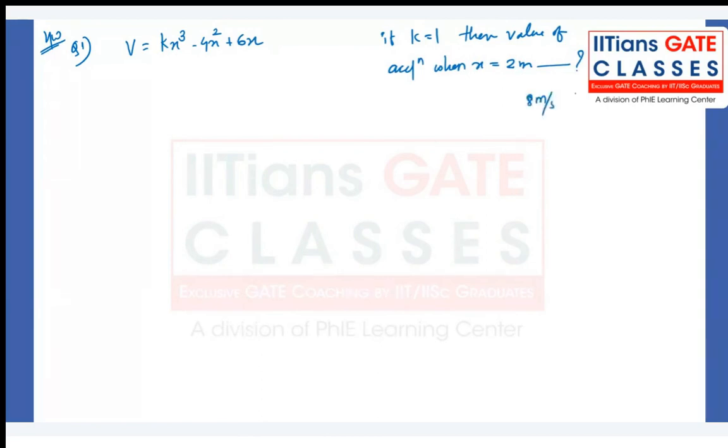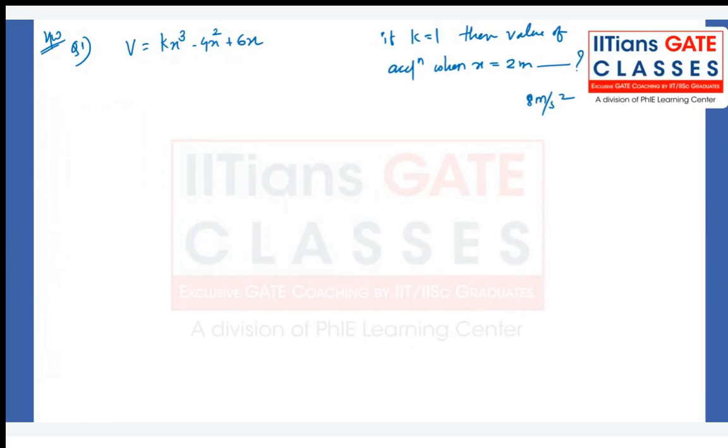Was anyone able to solve this? How many of you have solved it? Then let's solve it here. Velocity is given and they are asking us for the acceleration.